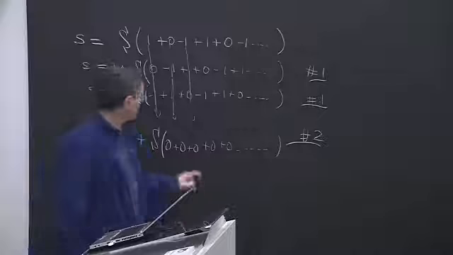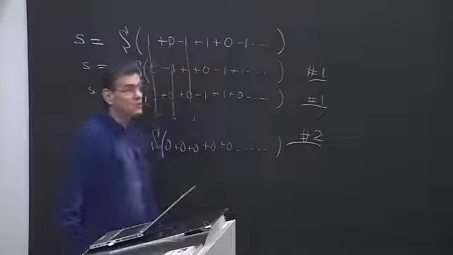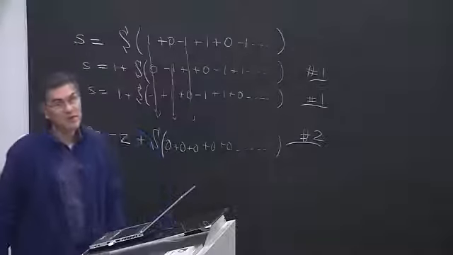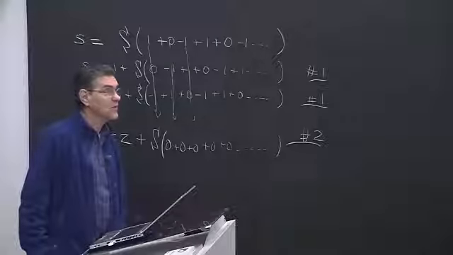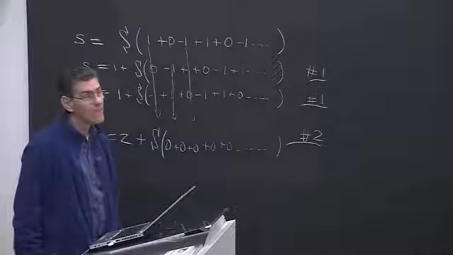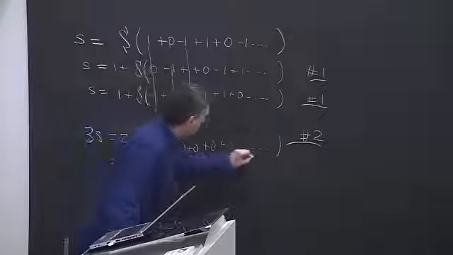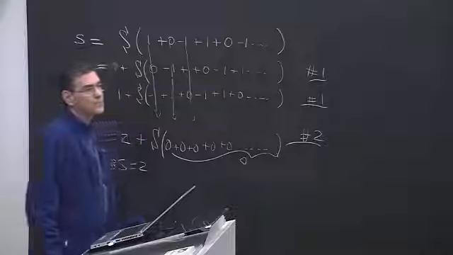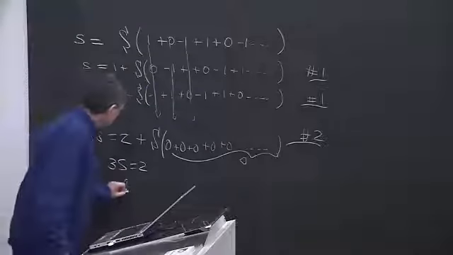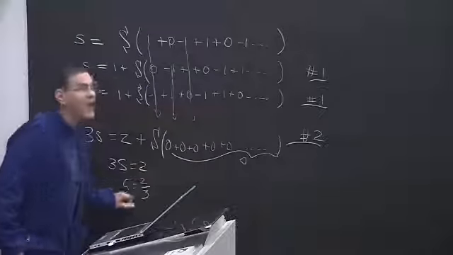But by the summation principle, 0 plus 0 plus 0, we don't have any problem with that. That's a convergent series. That's 0. So therefore, we conclude that 3s is equal to 2. This is just 0. So 3s is equal to 2, and s is equal to 2/3. Aha!